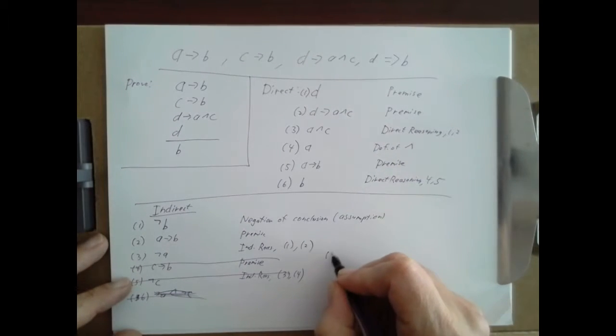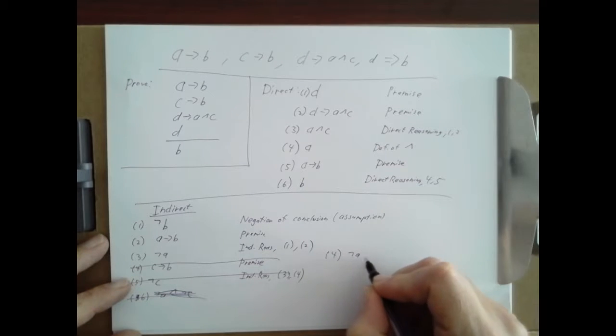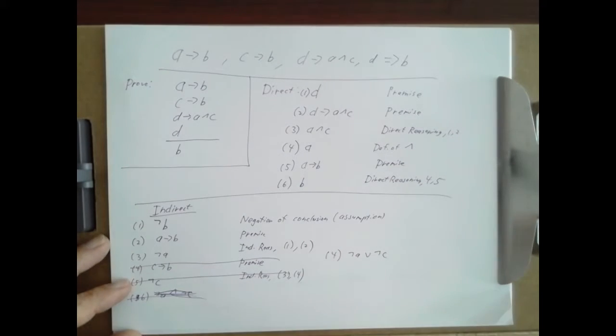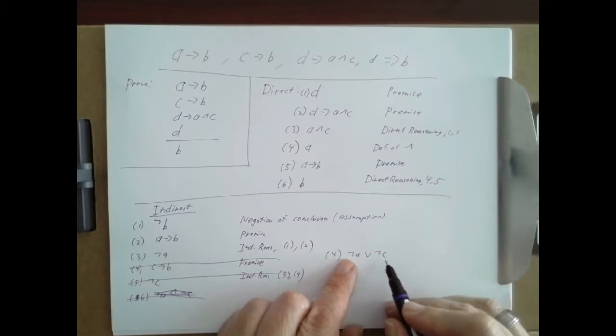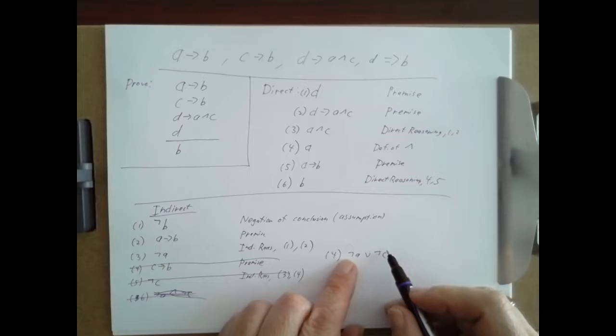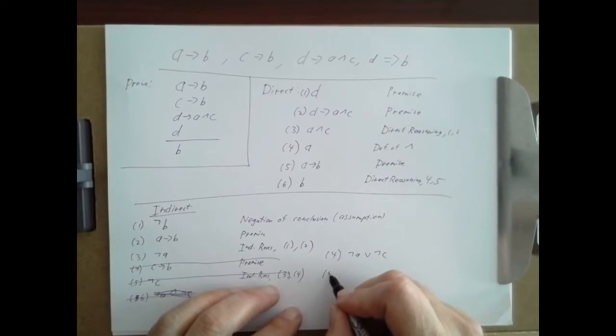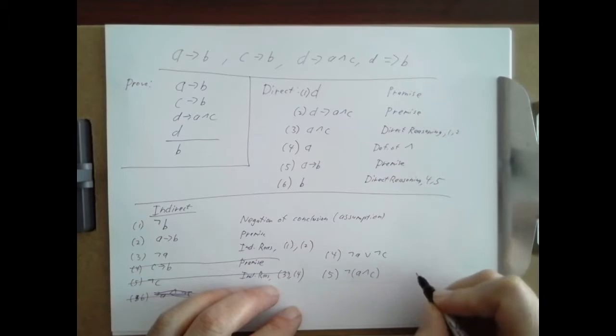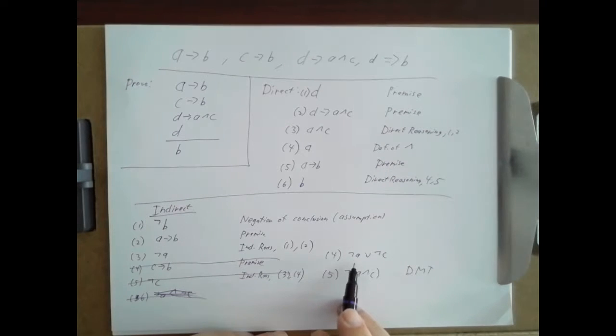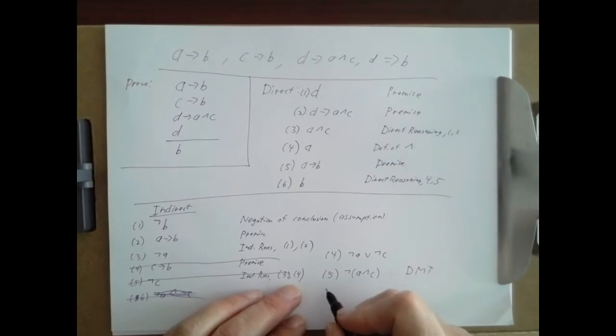In fact, our fourth step could have been not A or not C. Because if we know that this is true, then certainly when we OR with something else, it's still true. And then De Morgan's theorem tells us that not A or not C is the same thing as not A and C. Right? So this is certainly true because of De Morgan's theorem.